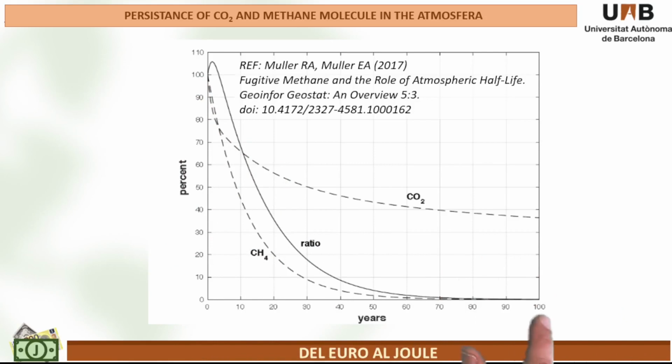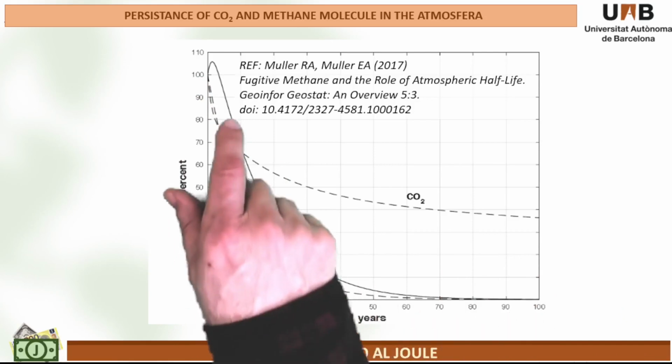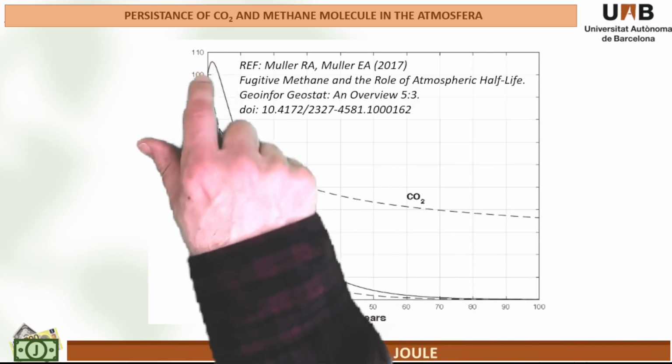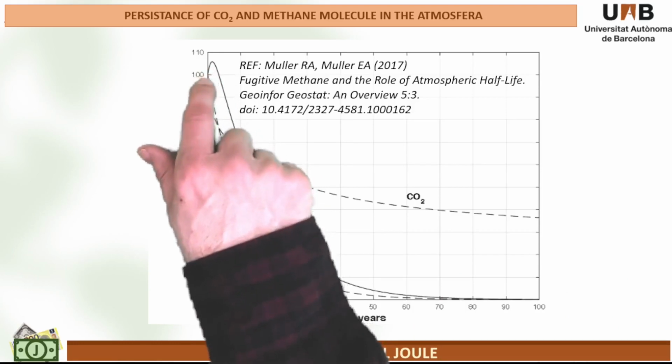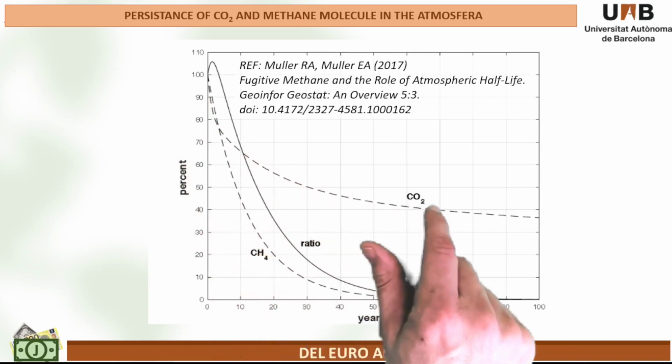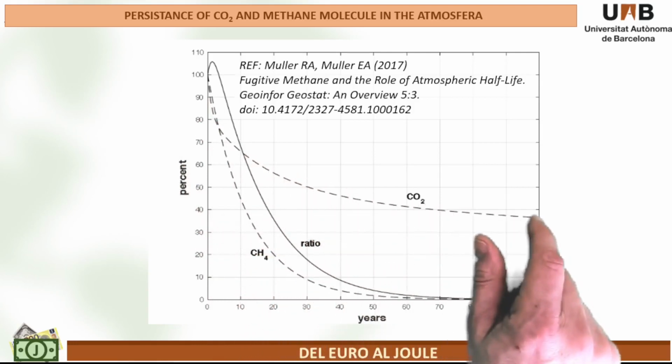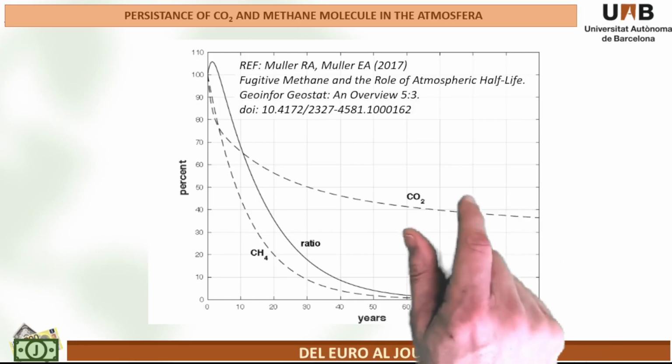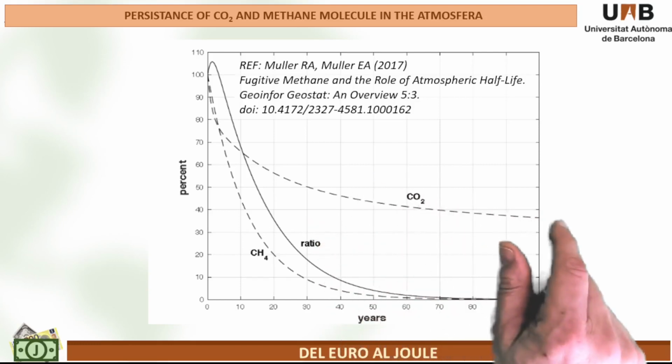So how do we expect that our emissions evolve? If we emit an amount of carbon dioxide in 1 year, if we let the time pass, some part of this amount is going to be reabsorbed in the oceans and in the vegetals, and at the end it will be decaying.